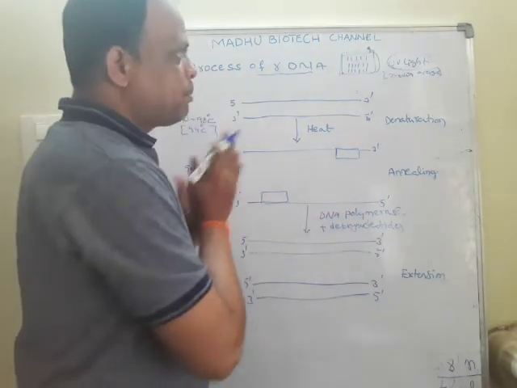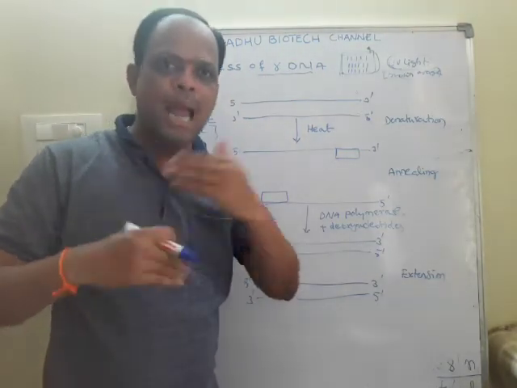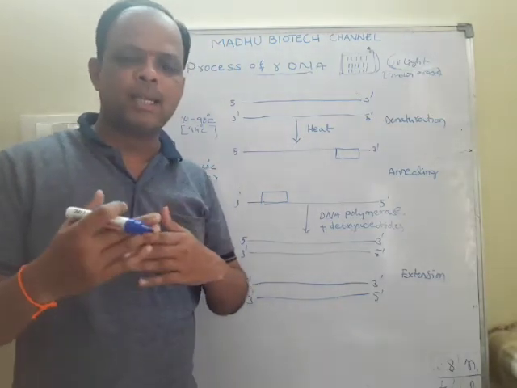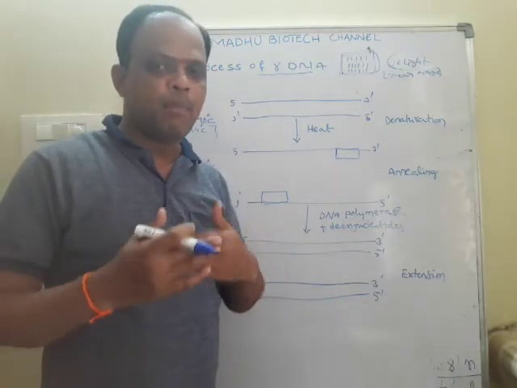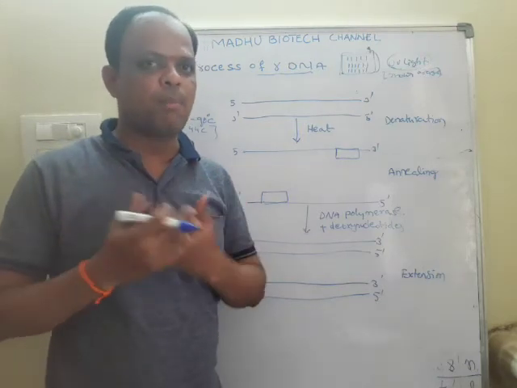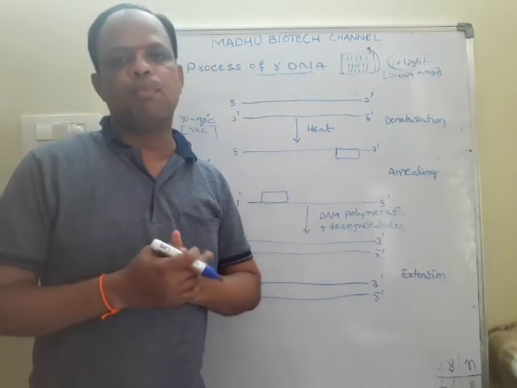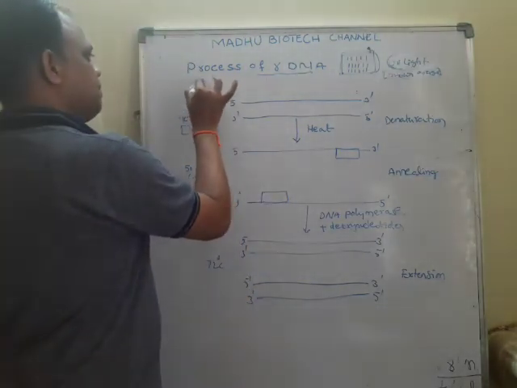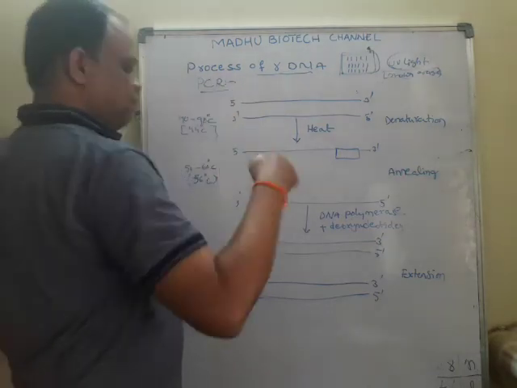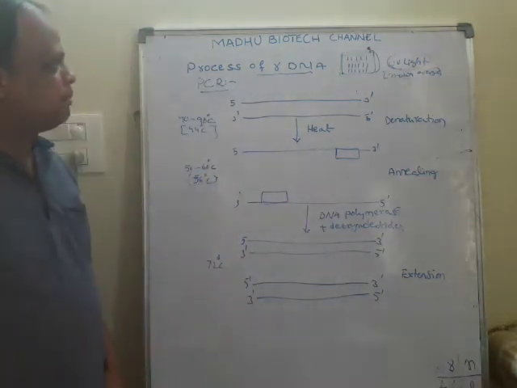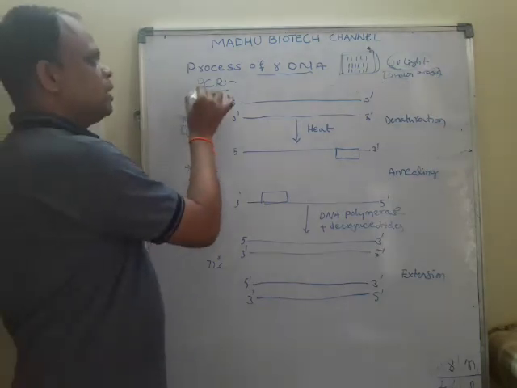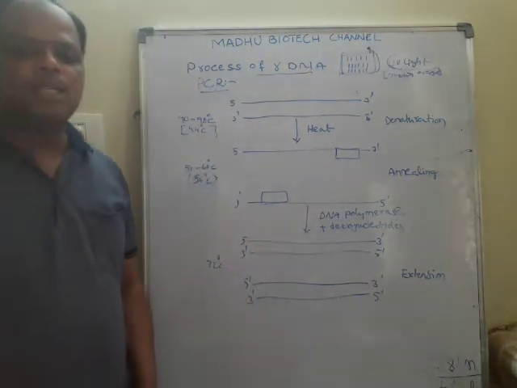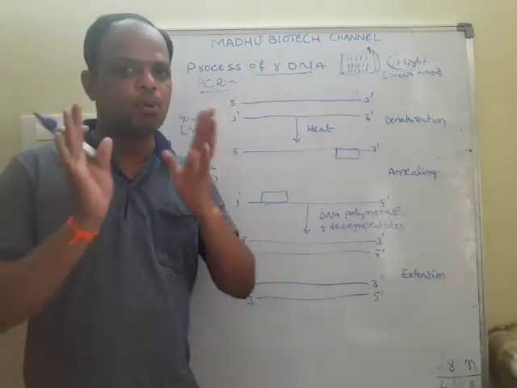So the purified DNA molecule is amplified with the help of the PCR technique. In in vitro conditions we prepare amplification of DNA fragments, thousands to billions of copies. The full form of PCR is polymerase chain reaction, invented by the scientist Kary Mullis.